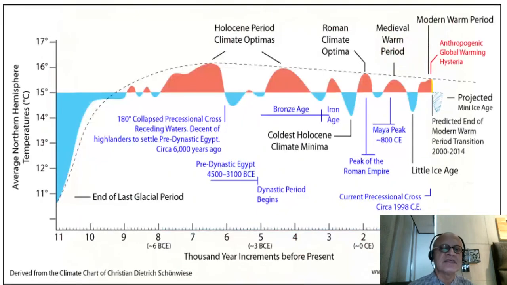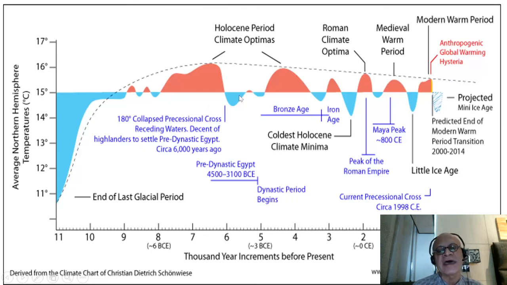And that's the detailed one here, looking at the end of the last glacial period, low frequency change in temperature, and all kinds of little bumps happened when you look at average northern hemisphere temperatures here. And we are looking at periods around 6 BCE.